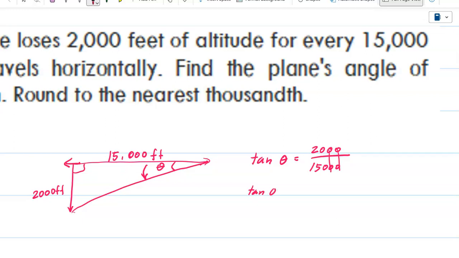Tangent of theta equals 20 over 150. Wait a second, I can simplify another zero. So 2 over 15. Tangent of theta equals 2 over 15, so the answer would be the inverse tangent of 2 over 15.